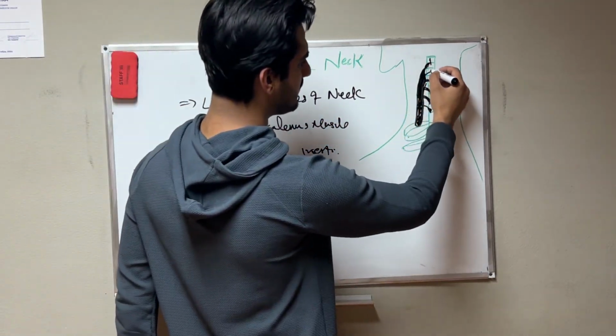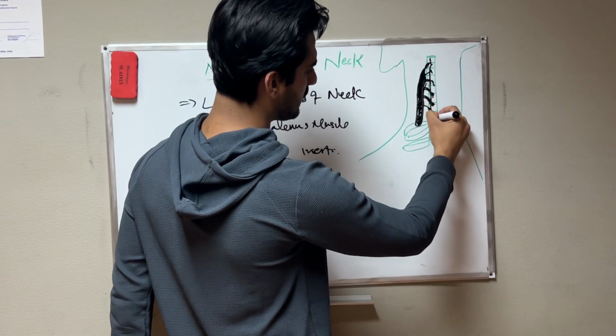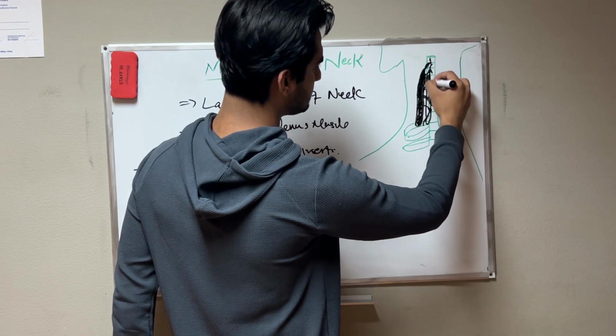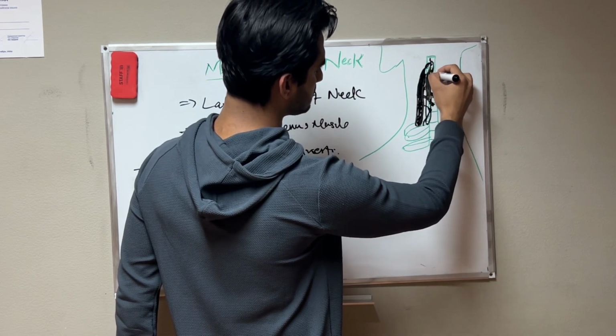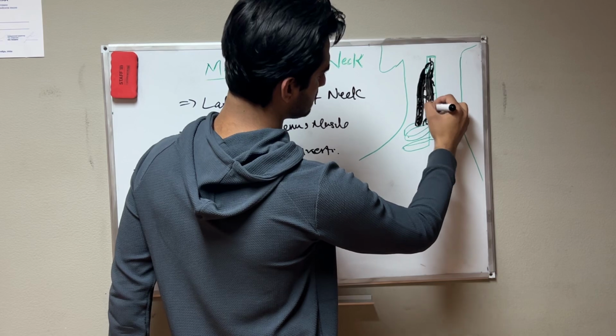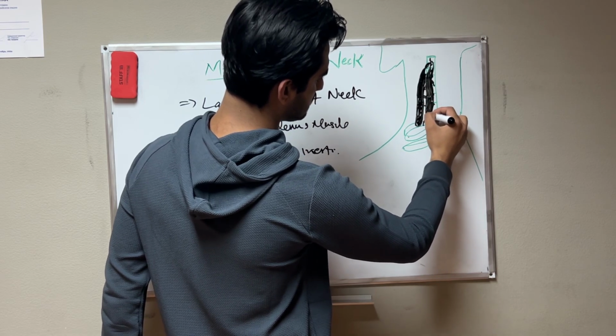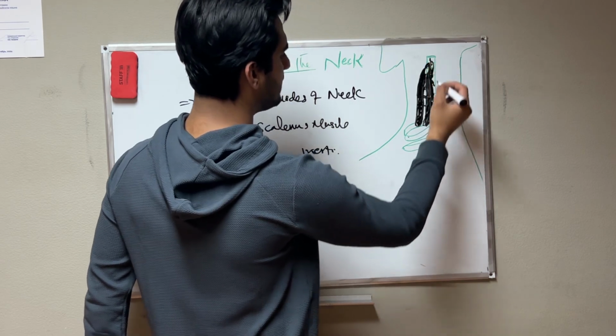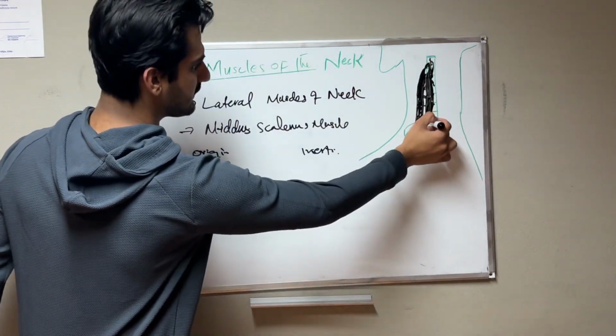Here is the medius muscle, originating from C1 to C7.